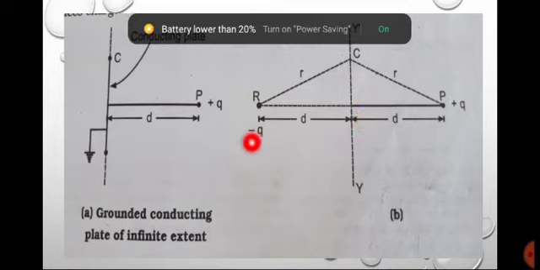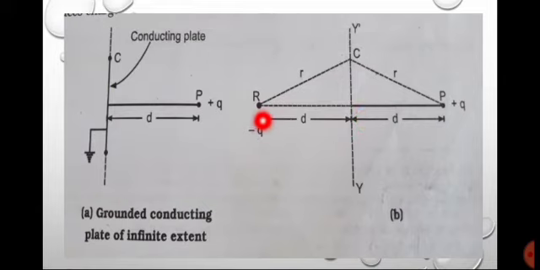Thus, introducing minus q at point R and removal of the plate does not affect the flux on the right hand side of the plane. So the condition of the problem remains unaltered by removal of the plate.